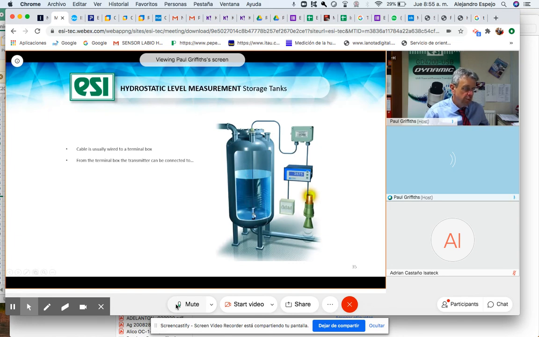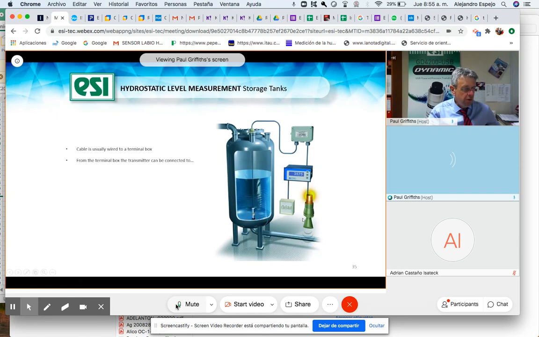Then the 4 to 20 milliamp signal comes back and goes back to the panel meter to give a display. And this display has an alarm system, in this case, sound and vision, and also has connection to GSM. So that's just a simple example about how easy it is to use a submersible transmitter for level measurement.